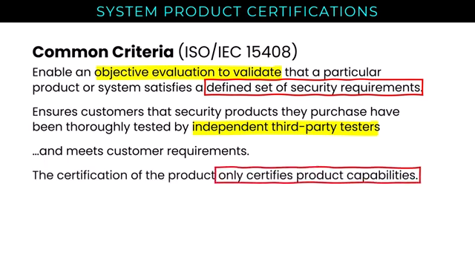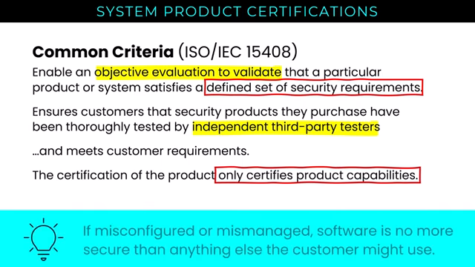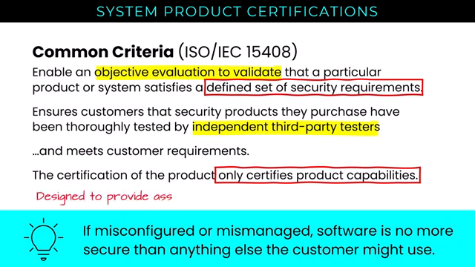The certification of the product only certifies product capabilities. If it's misconfigured or mismanaged, software is no more secure than anything else the customer might use. It's designed to provide assurances for security claims by vendors. And in fact, common criteria is used almost exclusively by government agencies.